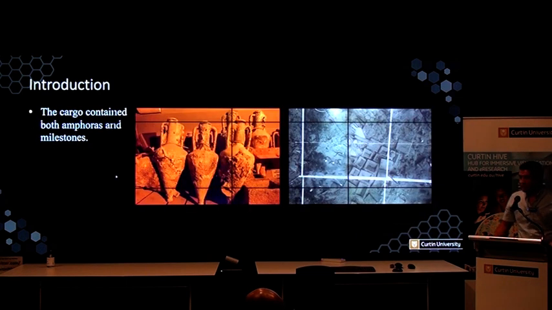About the cargo itself, mainly it consists of two things. The first is the amphoras, which is the most interesting item. Mainly it was one sample of amphora, which was the dominant one, but there were also other kinds or shapes of amphoras. Also we found millstones at the bed of the ship.